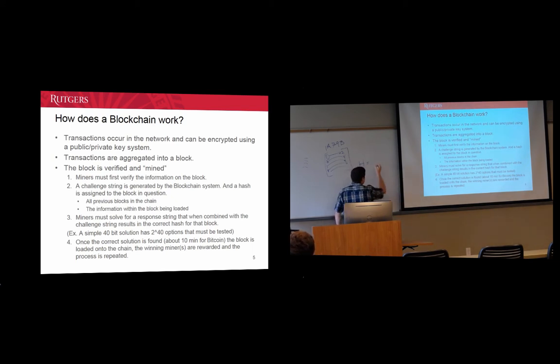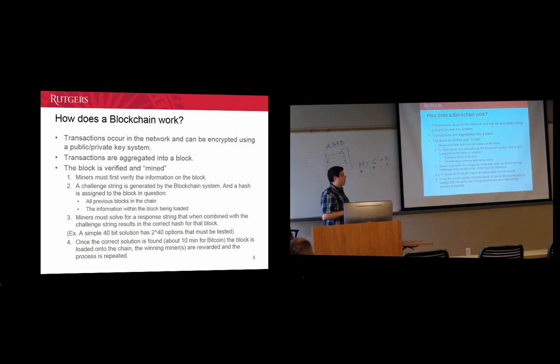And they issue a challenge string. And then there's some computation required, but for the simple purposes of this demonstration, we'll call it addition. And they need to come up with the correct response string that can create this hash, right? So they know this, because it's right there, and they know this, because it's what's issued by the blockchain system, and they have to come up with this, right?